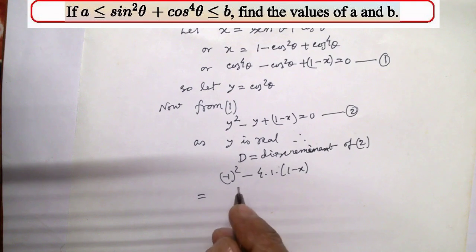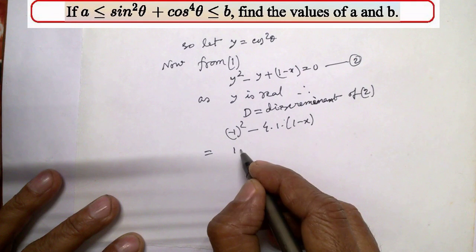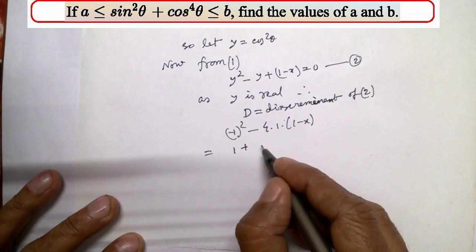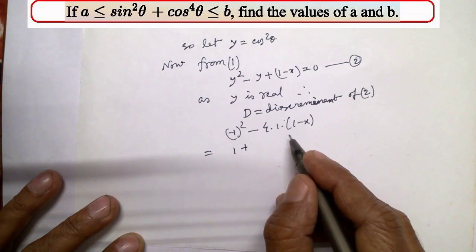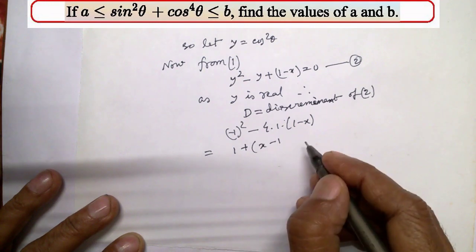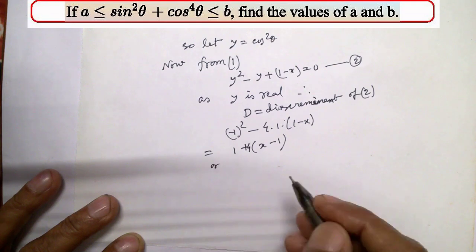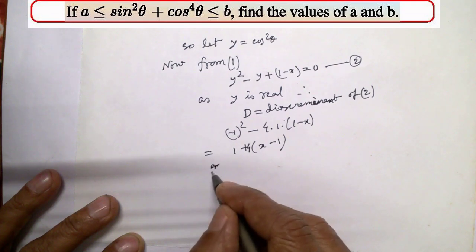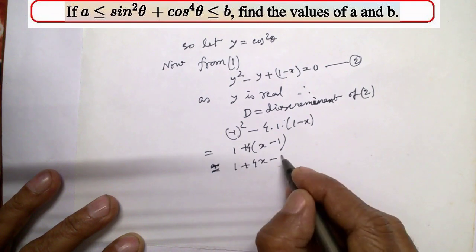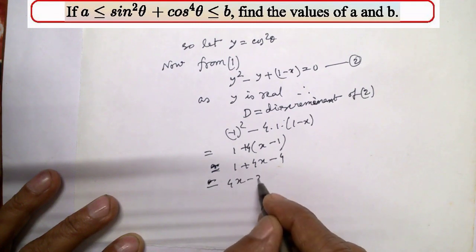That is equal to 1 minus 4 into 1 minus x, which is 1 plus 4x minus 4, that is equal to 4x minus 3.